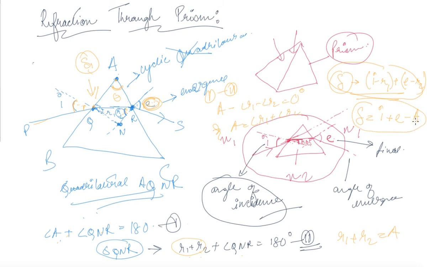Please keep in mind, the smaller this angle A is, the more deviation there will be. The bigger the tip of the prism, the lesser the deviation will be. So this is your formula for your deviation.